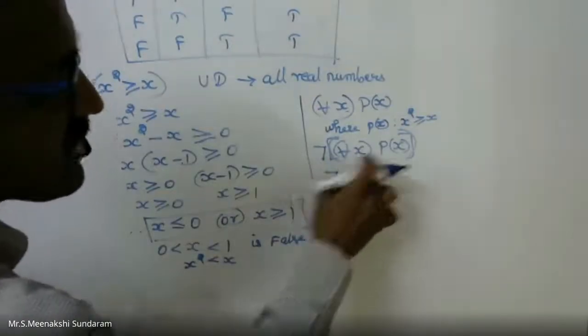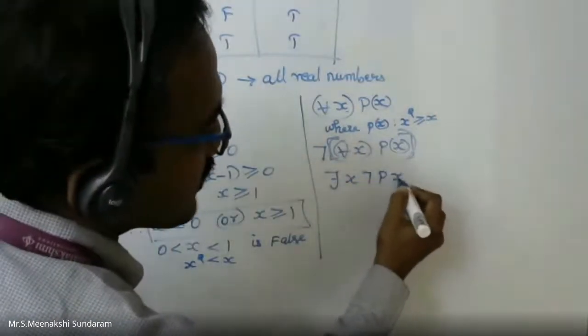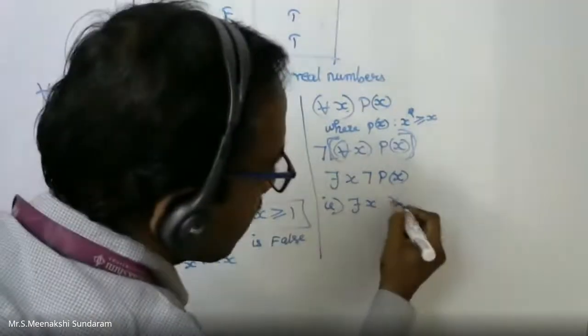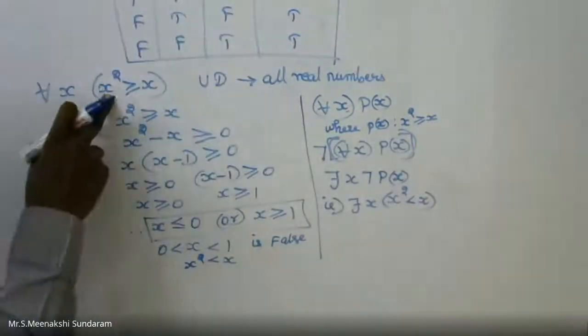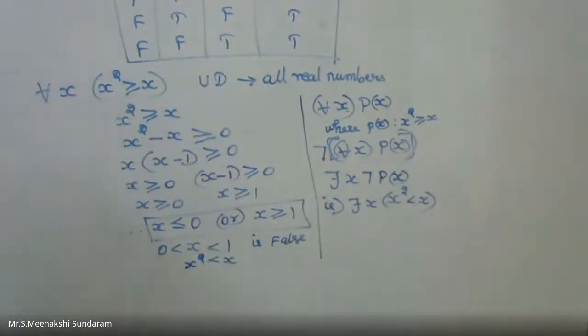Okay, sir. So the negation of for all x, p of x is there exists x such that negation of p of x. That is, there exists x such that x square is strictly less than x. Since p of x says x square is greater than or equal to x, I can write strictly less than x. That is the negation of the given statement.